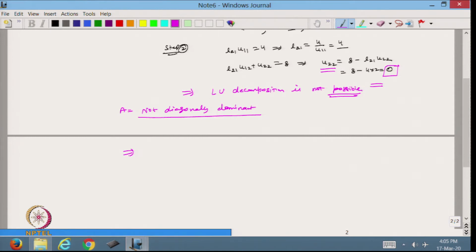So from here, in the previous method where we took LU decomposition, I started with method 1, LU decomposition using Gauss elimination.